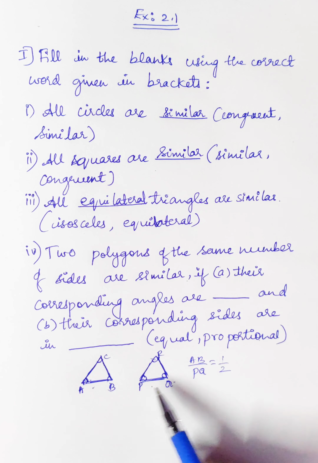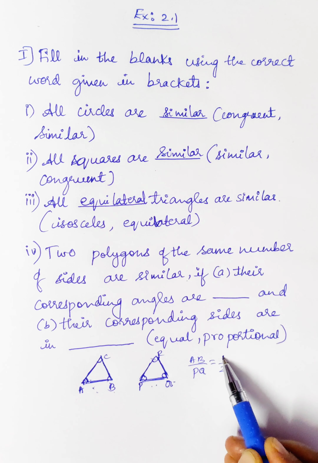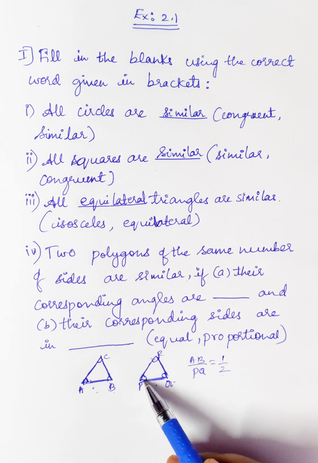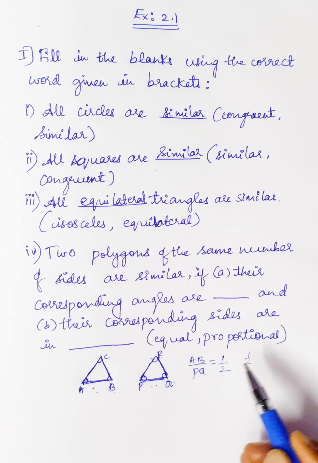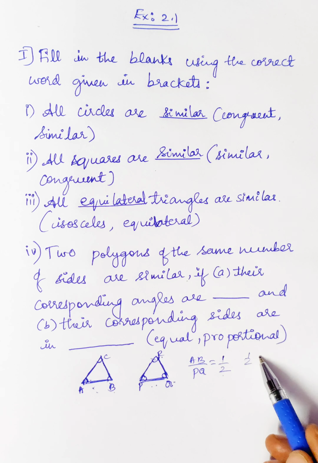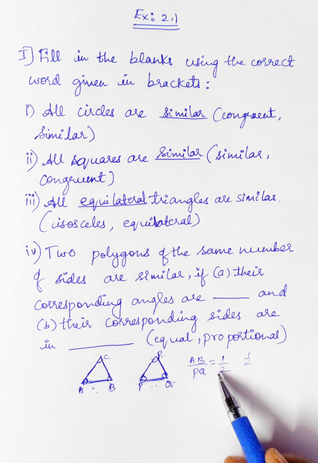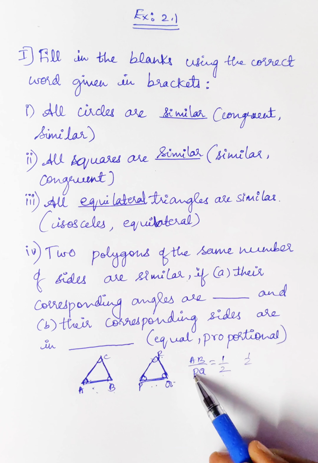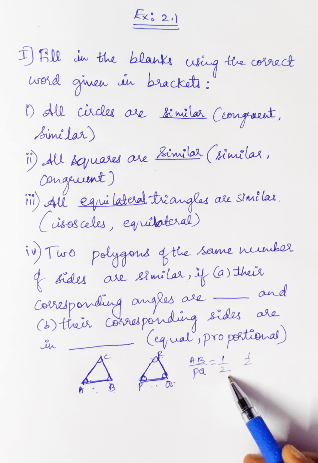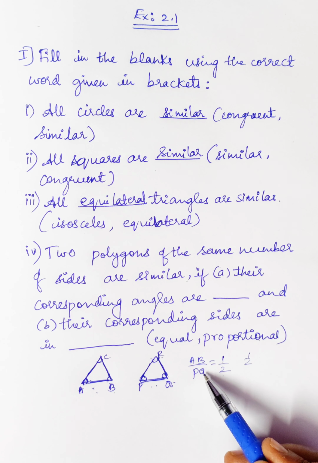AB by PQ, this side and this side. Suppose you get the value as 1 by 2, and AC by PR is the same 1 by 2, and BC by QR is the same 1 by 2, that means they are in the same proportion. When you take the proportion and get the same value, that is called proportion.